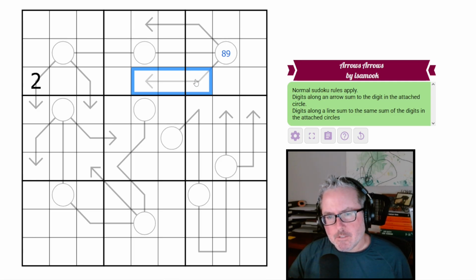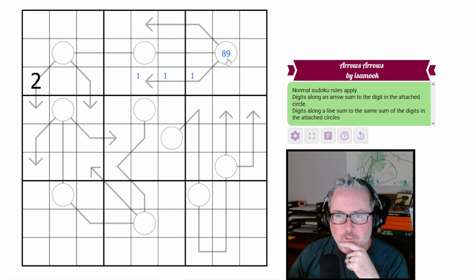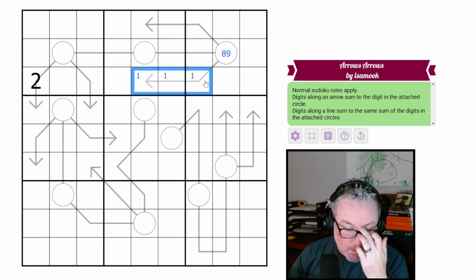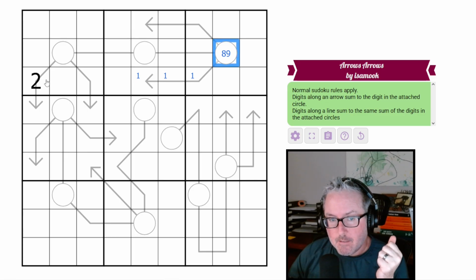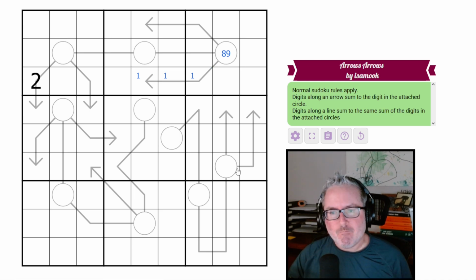I guess what it does say is that there's always a 1 on this line. I'm kind of not keen to leave this pencil mark here, but it will be true. No matter what this is, 8 or 9, this has to have a 1 on it. If it's a 9, it can't be 2, 3, 4, so it has to have a 1 on it. If it's an 8, it just has to have a 1 on it. Okay.